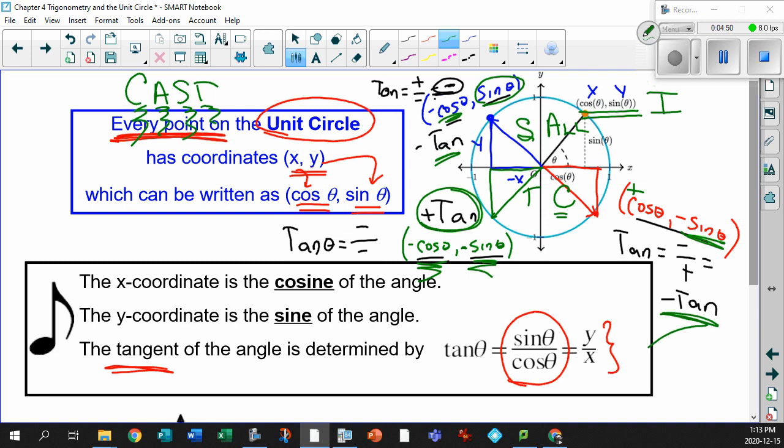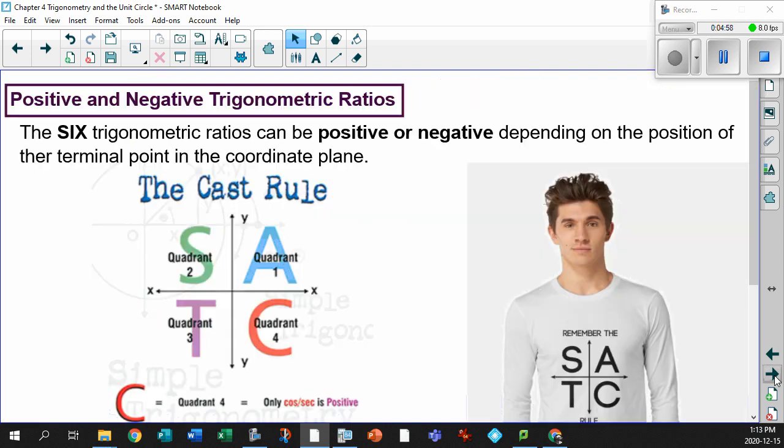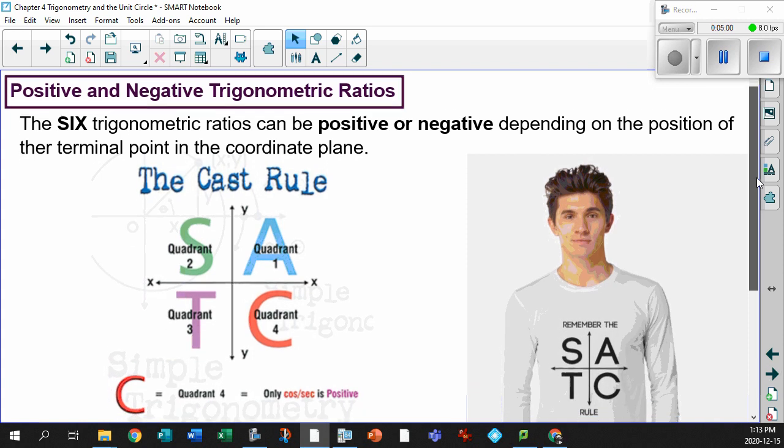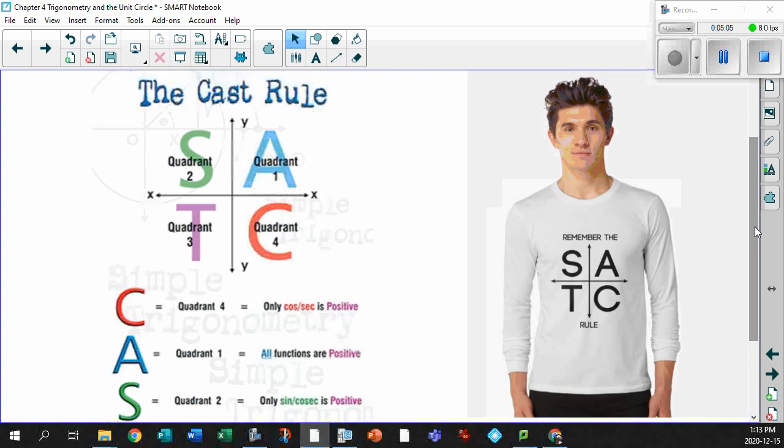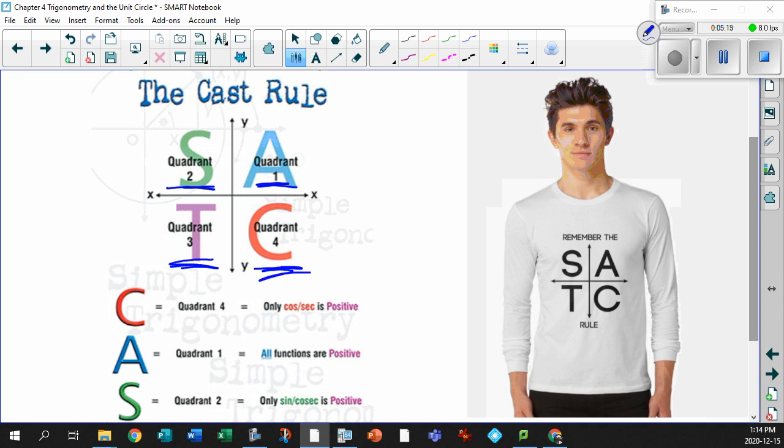That idea of the CAST rule really helps us figure out where everything is. So what I did is give you a real handsome looking dude to think about the CAST rule. And look at his t-shirt. It says, always remember the CAST rule. Add sugar to coffee. Everybody's positive, only sine's positive, only tangent's positive, only cosine's positive.